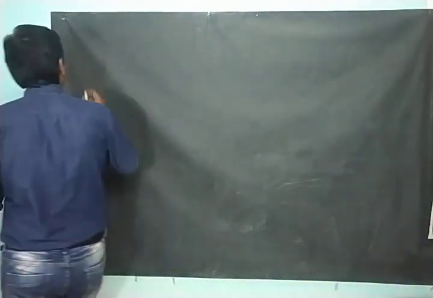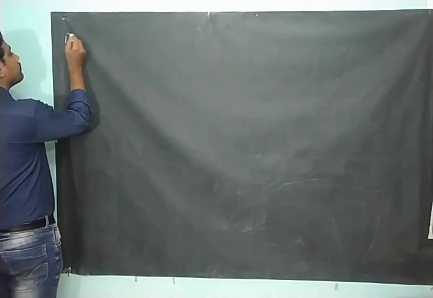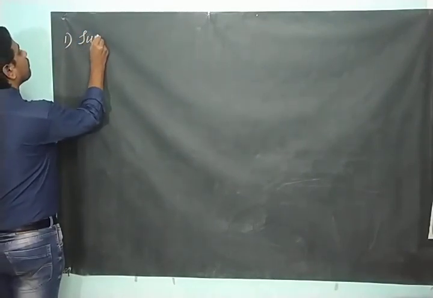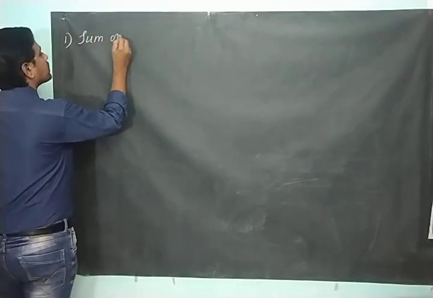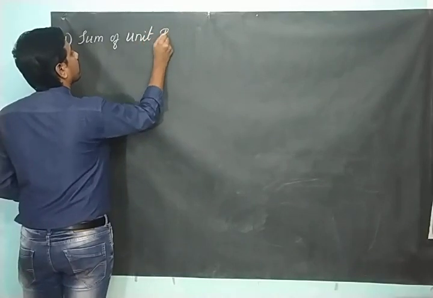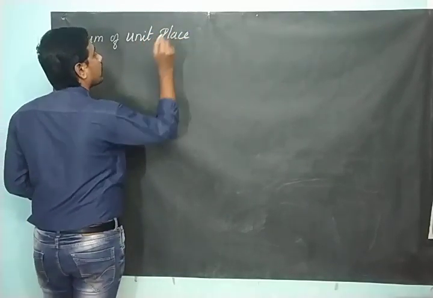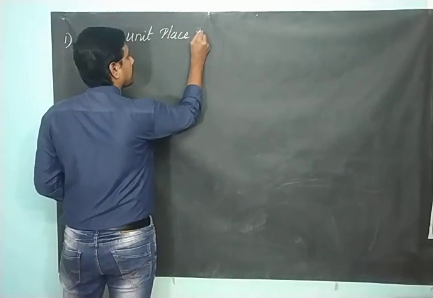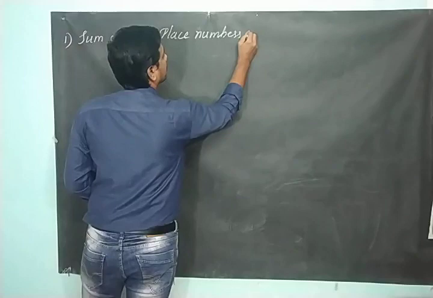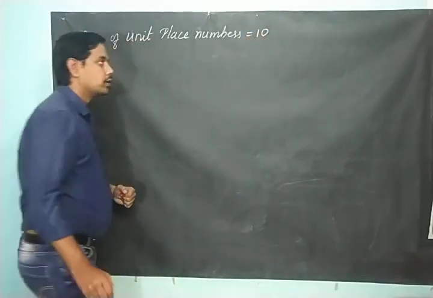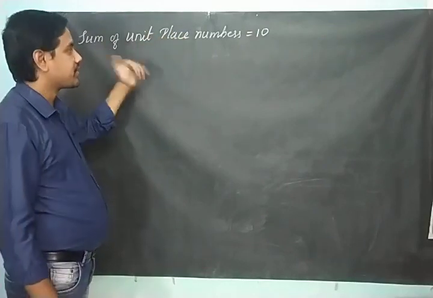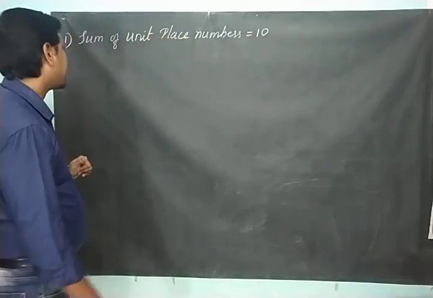First one: the sum of the unit place digits should be equal to 10.